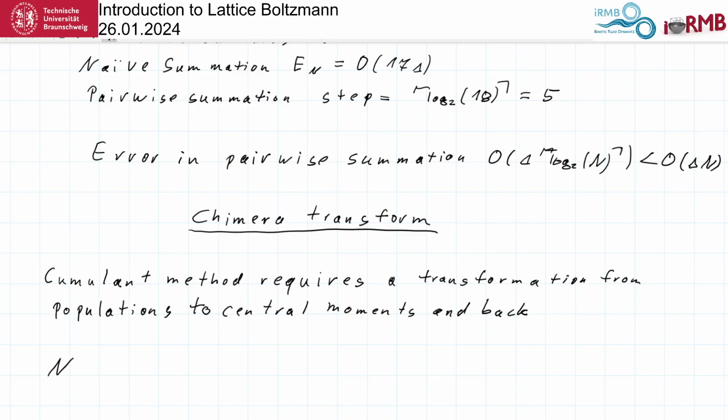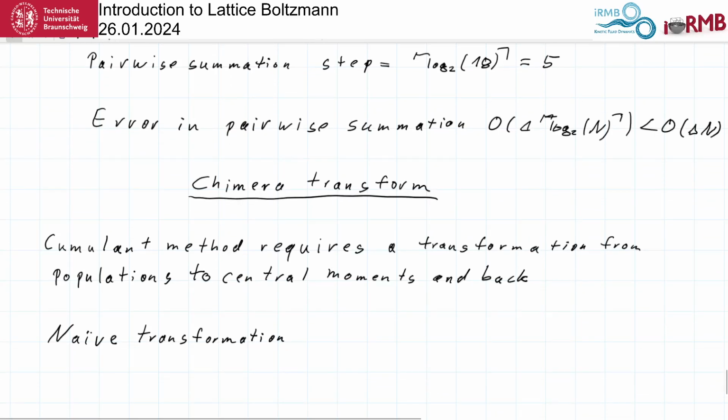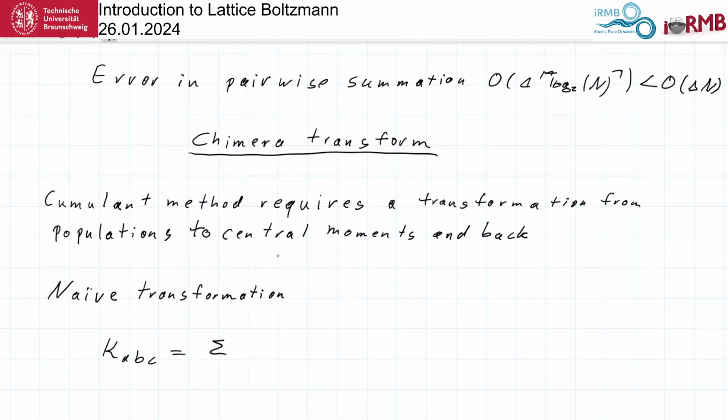So, and then this means there is, again, such a naive transformation that looks like this. So the central moments, we write them as K_abc, is of course the sum over i, j, k equals -1 to 1, f_ijk times (i minus u1) to the power of a, and I'll now consider this u1 as non-dimensional, yeah?